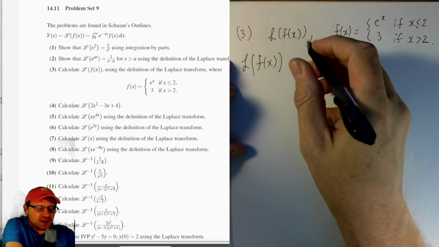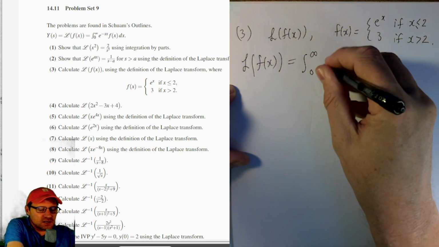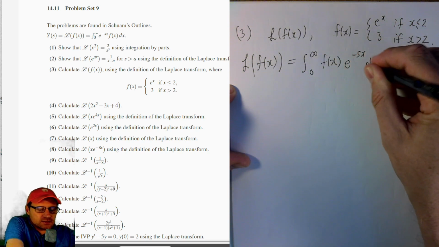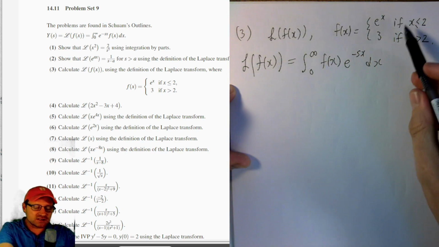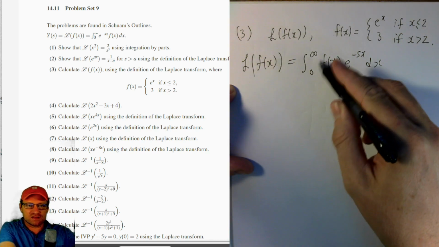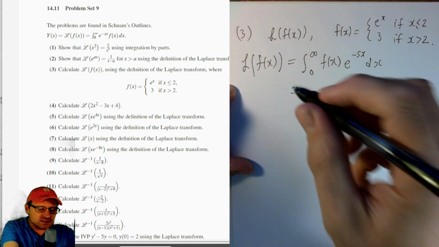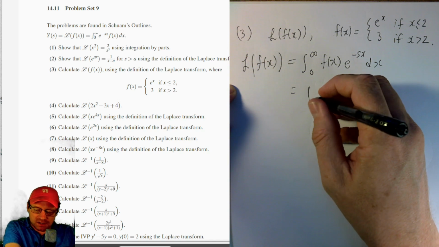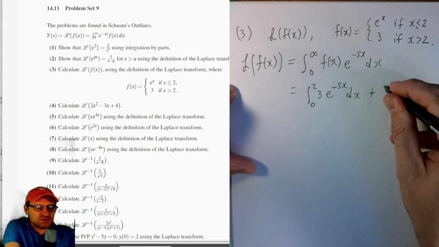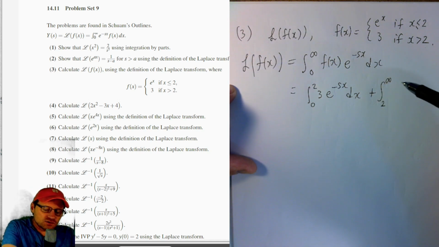Laplace transform of f of x is the integral from 0 to infinity of f of x e to the minus sx with respect to x, but this is a piecewise function, so what we want to do then is break this integral up at the place where this changes, and so then we have the integral from 0 to 2, and then we add to that the integral from 2 to infinity.